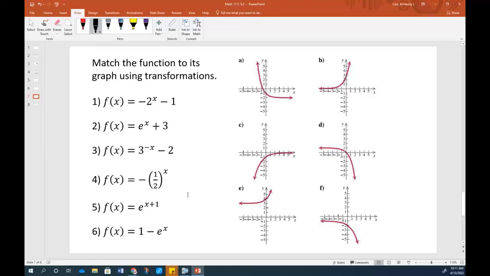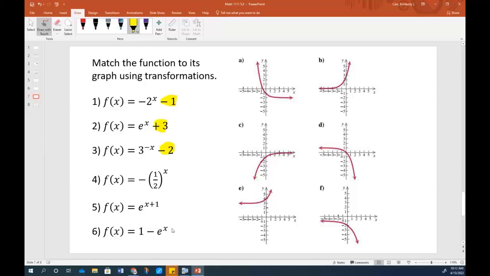An asymptote is generally at the x-axis unless it has a vertical shift. So you're going to look at where that asymptote is, and then generally which shape should you be looking at. And most of them you can figure out that way. When I look at this number at the end, this is really telling me where that asymptote has been shifted. So instead of being at 0, those are the values it would be at.